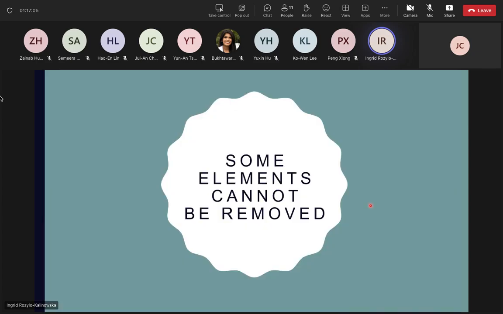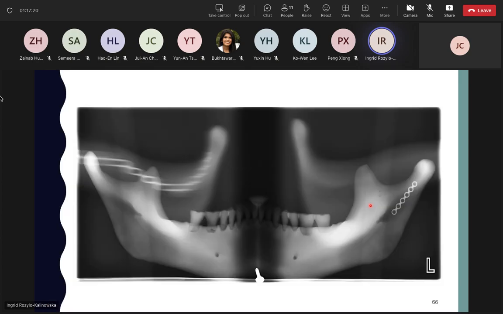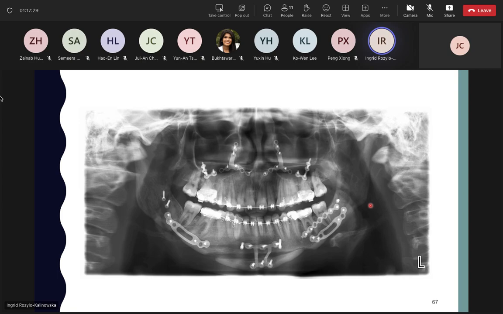Amazing. Of course, some elements cannot be removed for radiography, and I have already listed some of them in the previous part of our lecture. So it can be a plate for osteosynthesis. It can be a lot of plates for osteosynthesis.